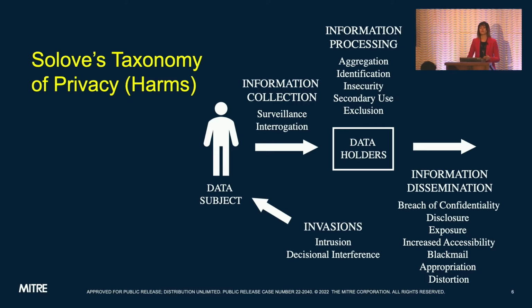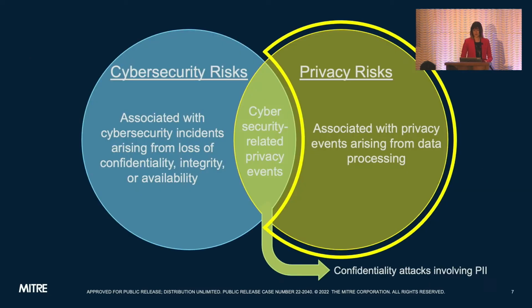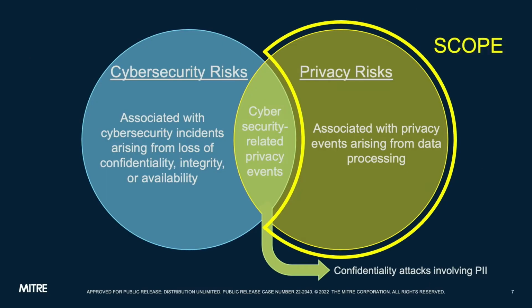And what we say in our definition is that most actions or inactions that cause a privacy harm are actually privacy attacks, except those that arise exclusively from cybersecurity violations. So we're defining our scope as the yellow bubble, not intersected by the blue bubble.